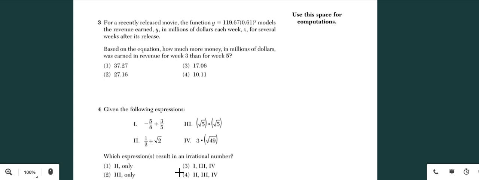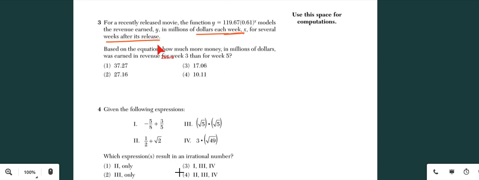Look at the next question. It says that for a recently released movie, the function y equals 119.67 times 0.6 raised to the power of x models the revenue earned, y, in millions of dollars each week, x, for several weeks after its release.